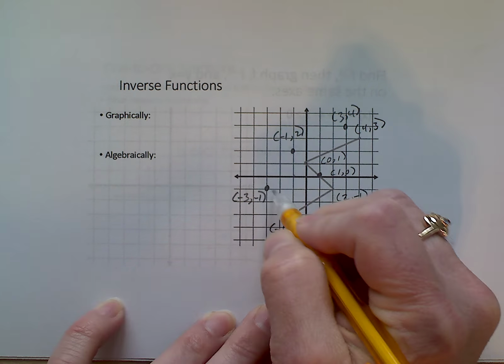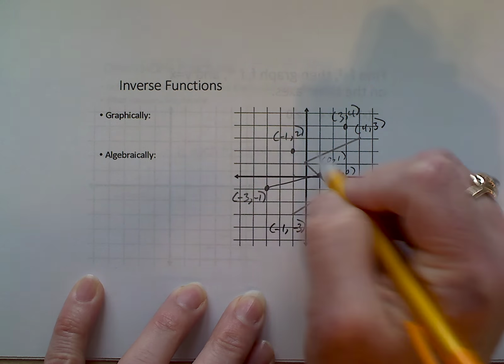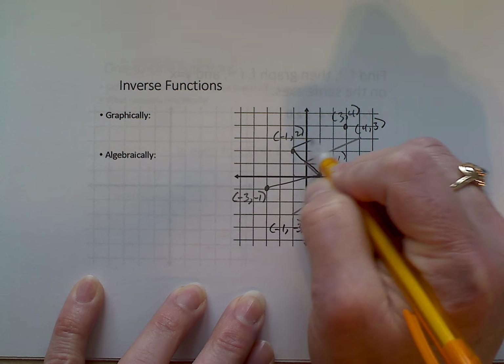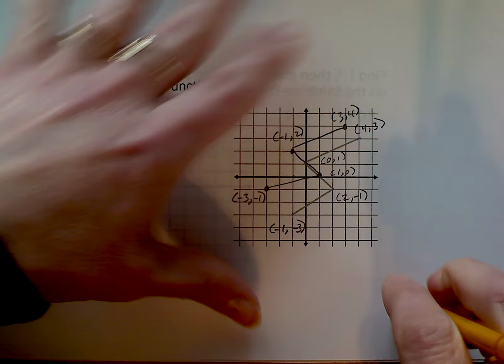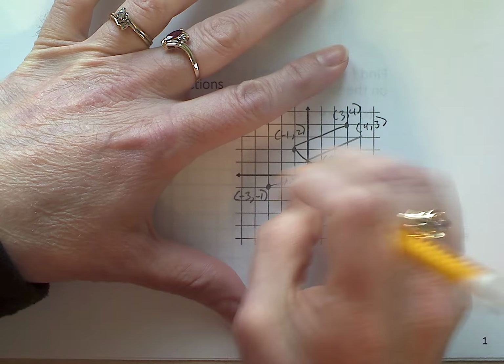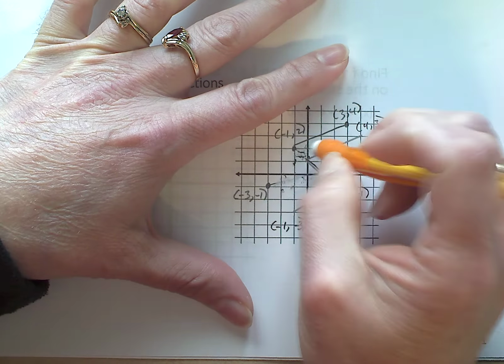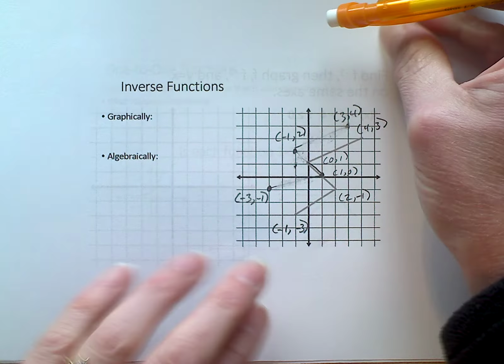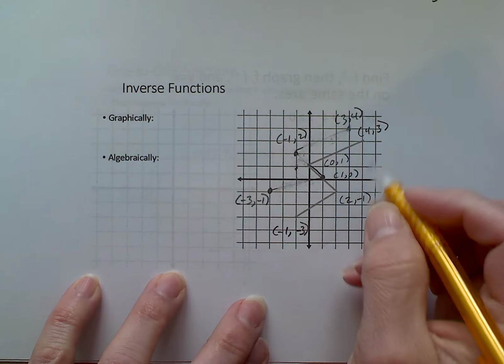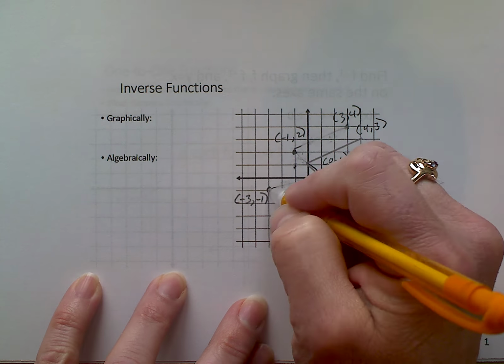Well, now that we kind of have an idea of where these are moving to, look at the inverse. Oh my, I just connected those in entirely the wrong order. Don't do it that way. Connect in the right order. Oh my gracious. Okay, so here we go.